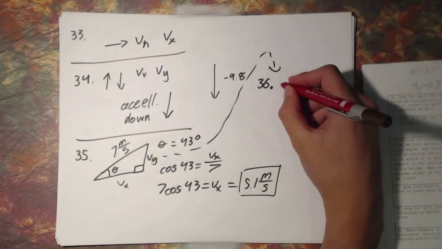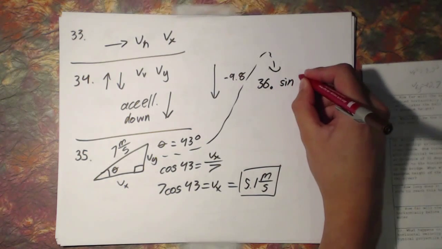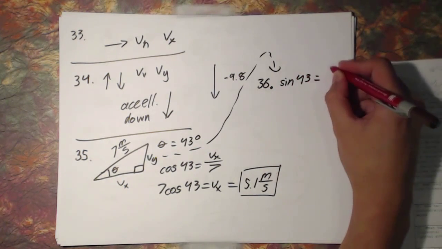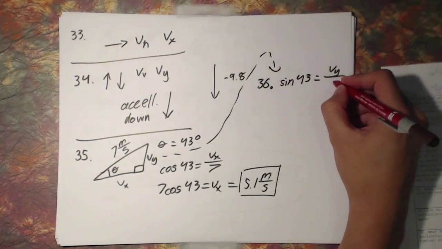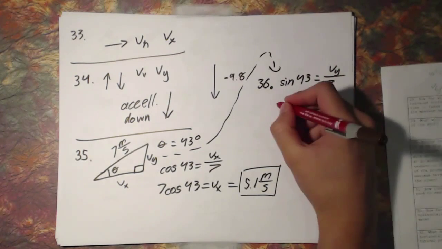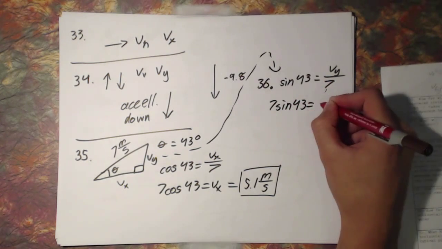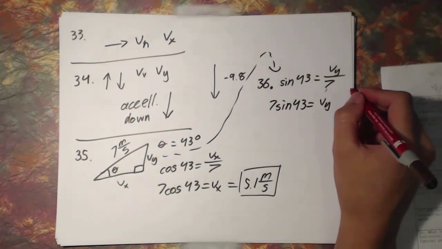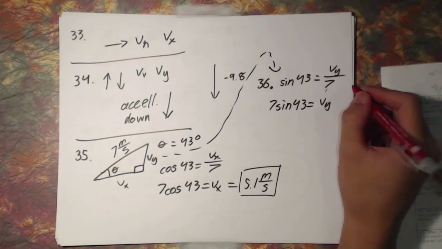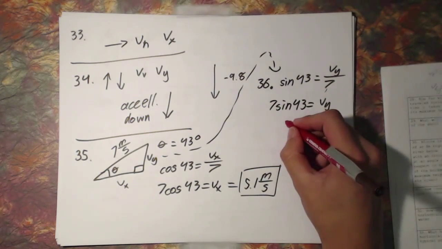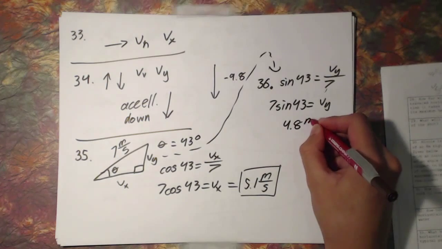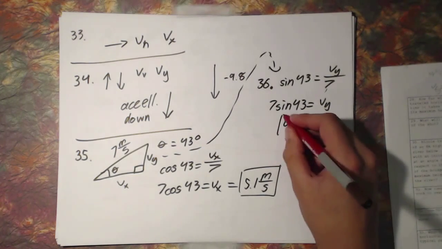That's right, it's sine. So the sine of 43 degrees equals Vy, our opposite, over our hypotenuse, which is 7. 7 sine 43 equals y velocity, which, when you plug this all into your calculator, you get 4.8 meters per second.